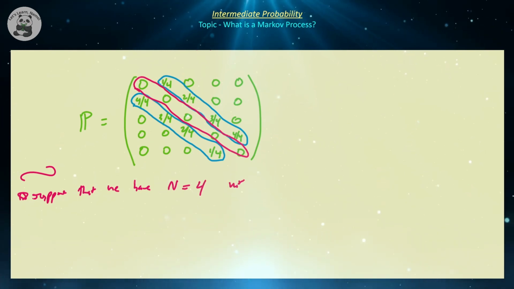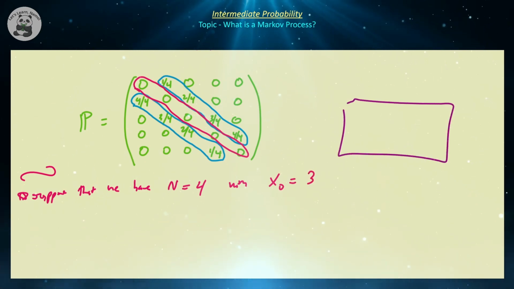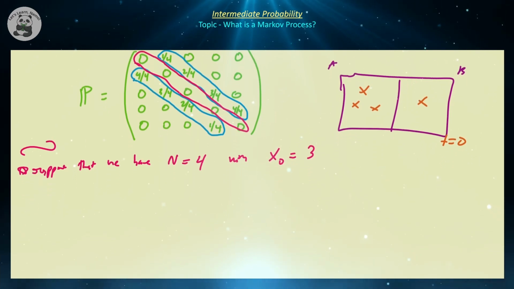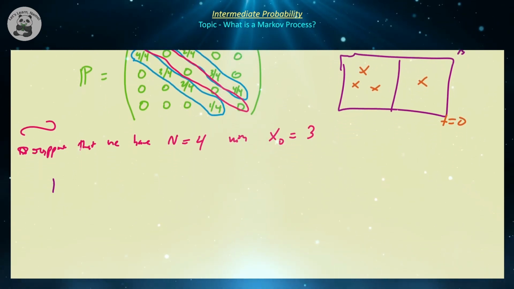And let's assume we have an initial amount in A to be equal to 3. Right? So this is A and this is B. When T is equal to 0, practically what you have here is 1, 2, 3, and there's our lonely little fourth. Right?